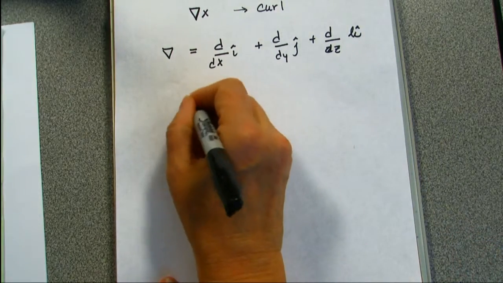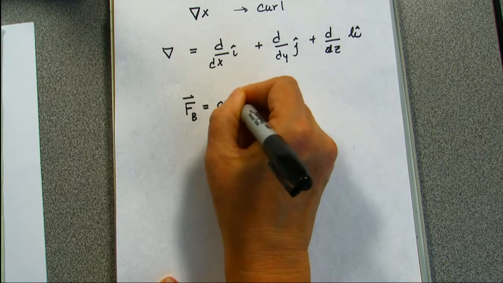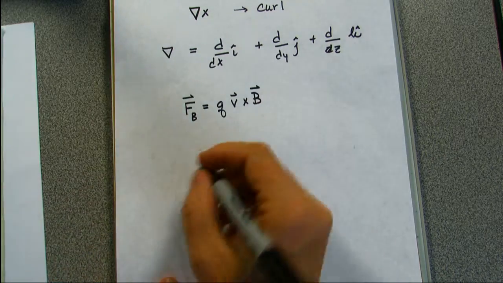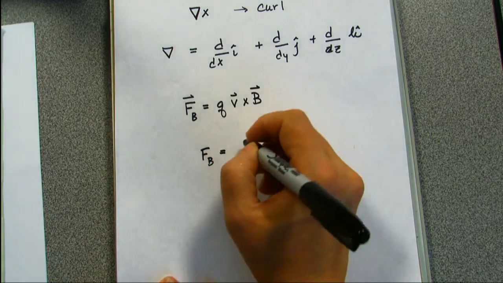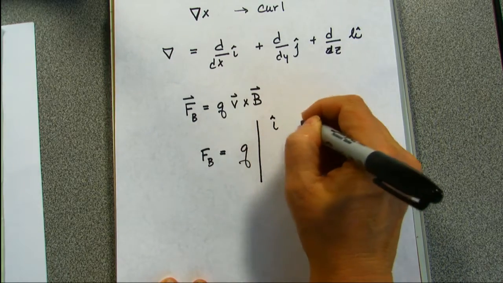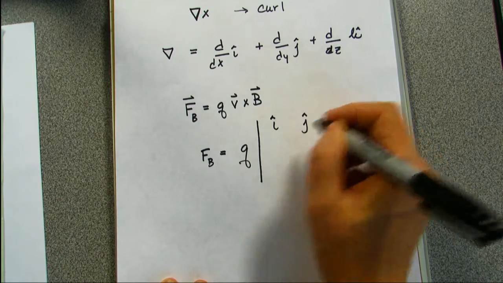So if I'm doing F_B is equal to q v cross B, F_B, if I do this, is going to look like q, i, j, k.